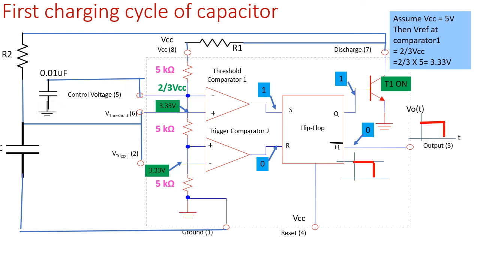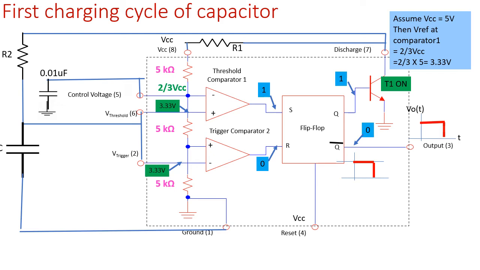Once we connect the power supply VCC, the voltage in this voltage divider network at this first node will be fixed at 2/3 VCC, which corresponds to, if you assume that my VCC is 5 volt, 3.33 volt.